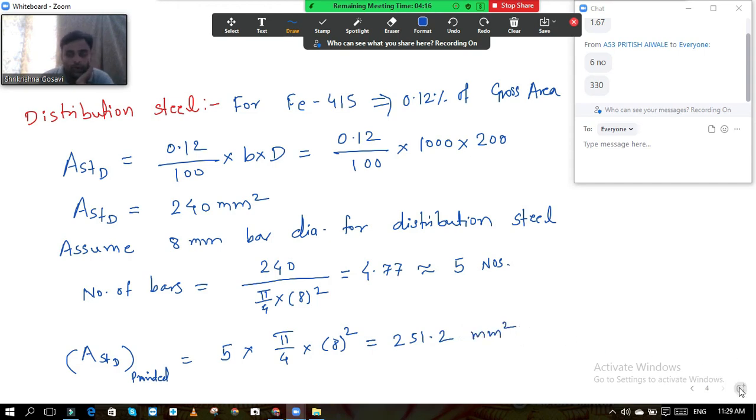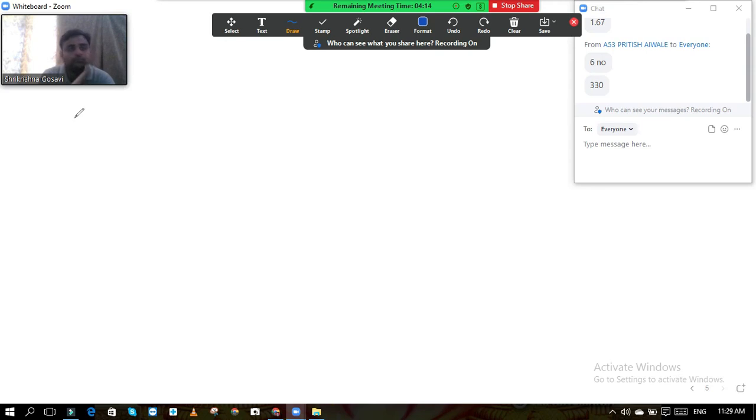Okay, so calculate the spacing now. Spacing S is equal to pi by 4 into 8 square divided by Ast provided 251.2 multiplied by width.